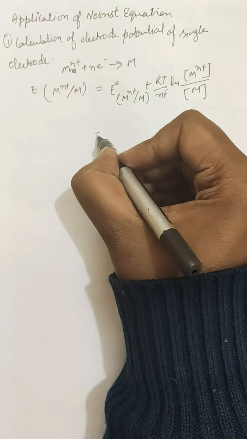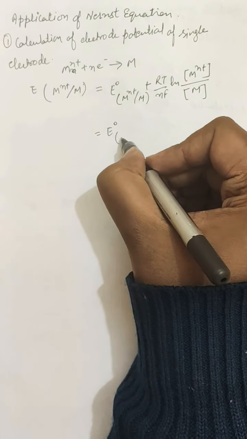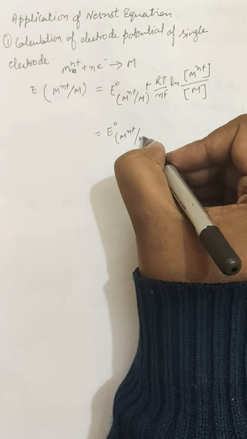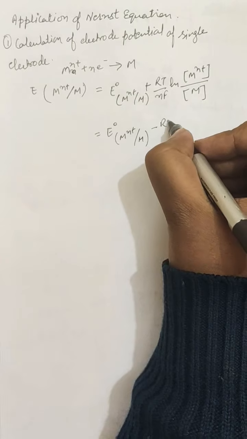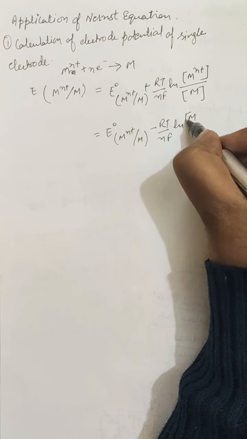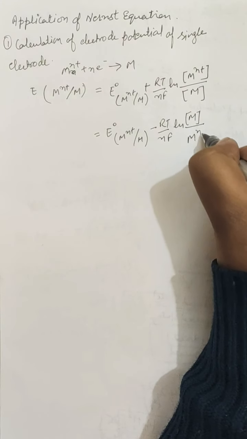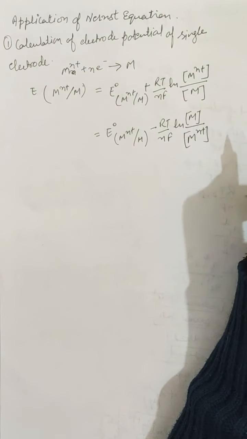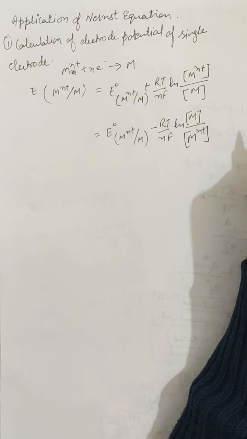Further, this equation can also be written as E° of M^n+/M minus RT/nF into ln [M]/[M^n+]. So what is the difference between these two equations?